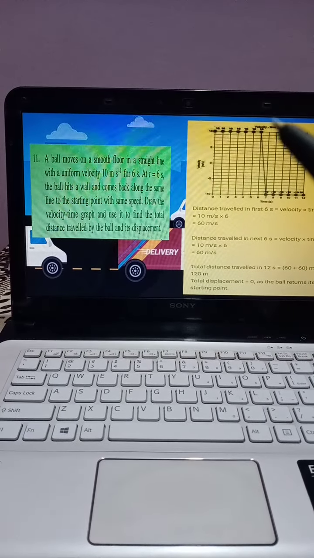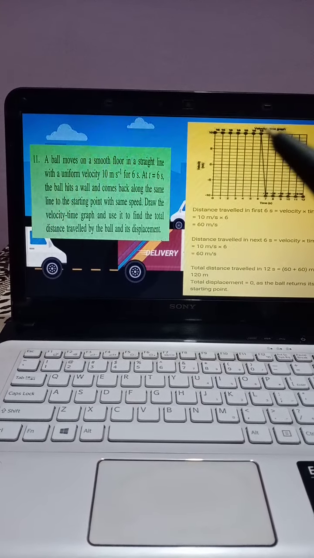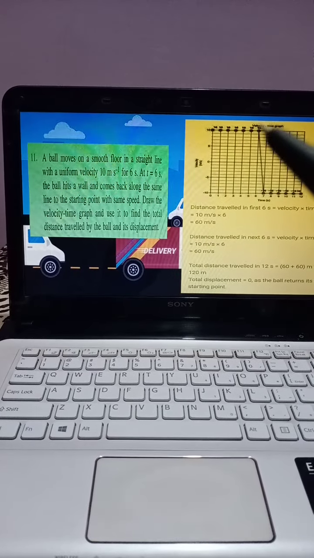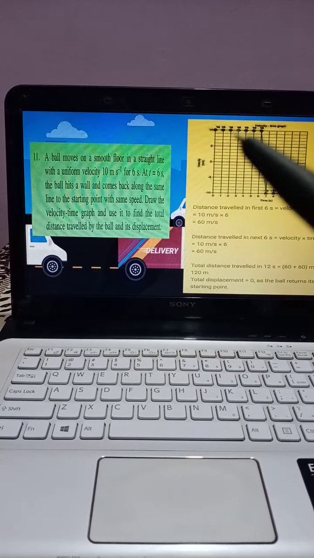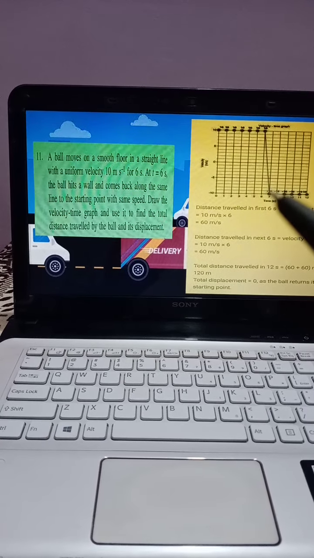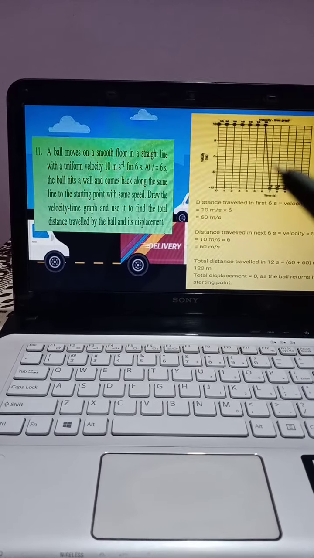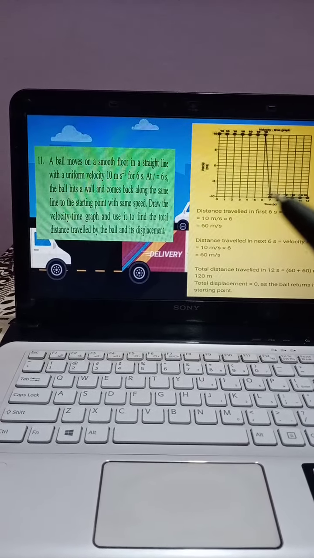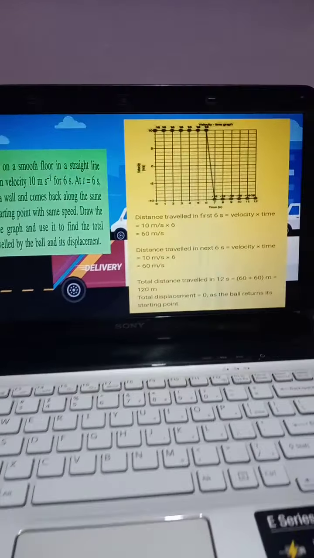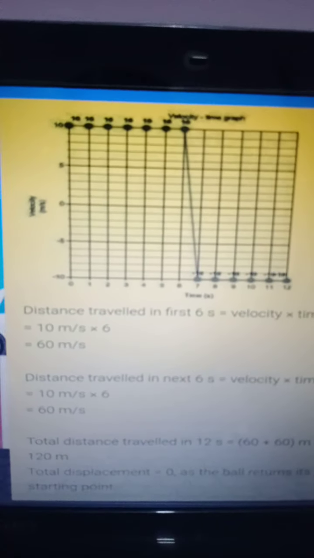When the ball hits the wall, its velocity for a moment becomes 0, and again it returns back with the same velocity. It started traveling with 10, so when it returns back, it also returns with the same speed of 10 meter per second. But as it is returning back along the path, we have the negative quadrant. You can observe it here in this graph.